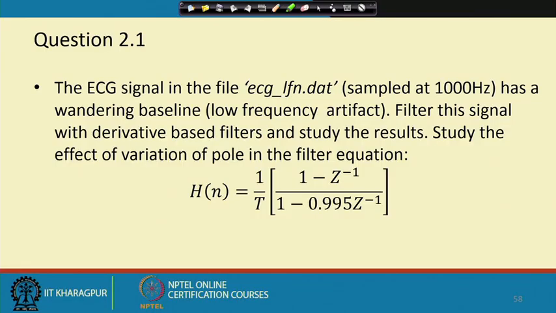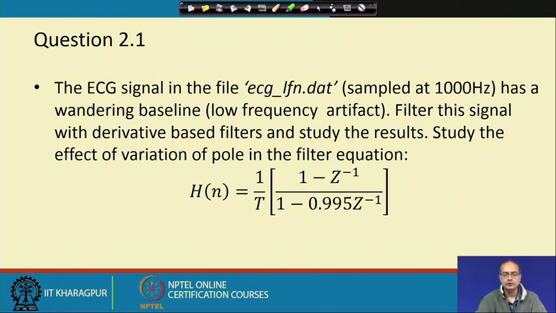So, now we will start the question 2.1 from tutorial 2. The first question is that the ECG signal, ECG_LFN, is suffering from a low frequency artifact, the wandering baseline.